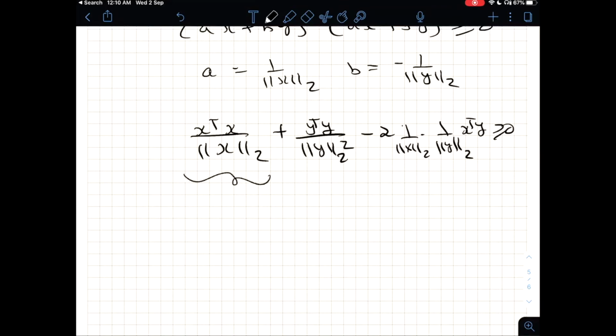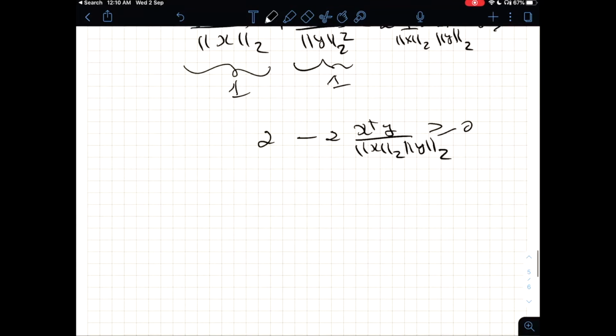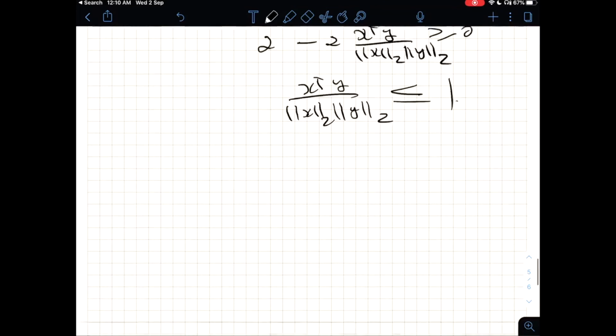Now again the first is 1, this is 1, so I get 2 minus 2 x transpose y by length of x times length of y should be greater than or equal to 0, or x transpose y divided by length of x times length of y is going to be less than or equal to 1.